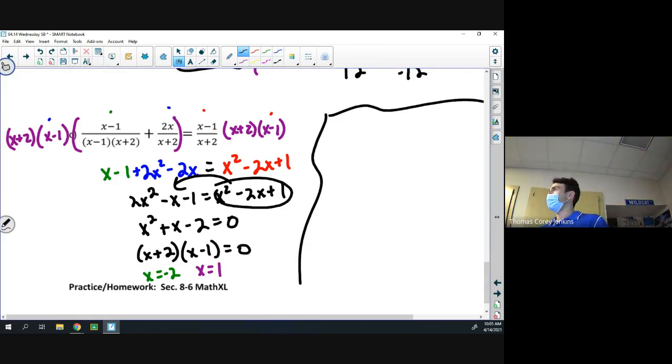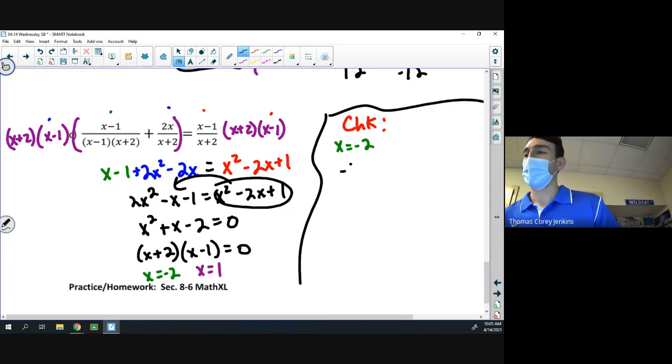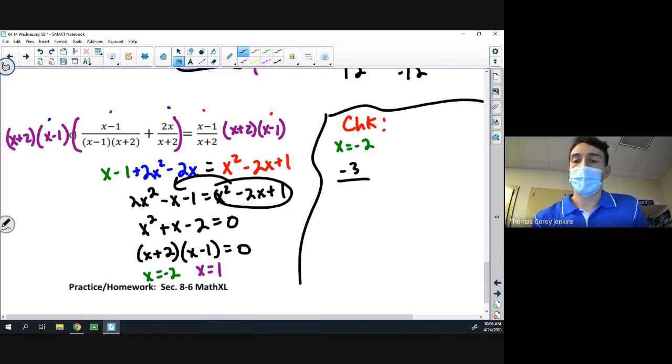All right, now we'll finish on this thought, and because this one's a little bit weird when we start to plug in, let's check x equals negative 2. So that's going to give me negative 3 over, let's see, that'd be negative 3 times 0 on the bottom.